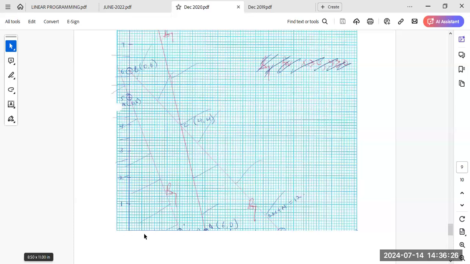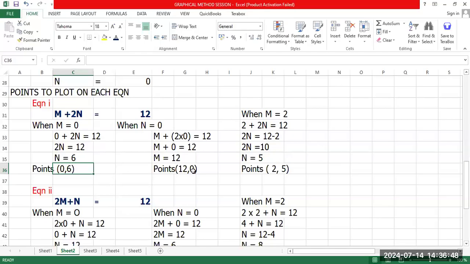So 0 is on the horizontal axis. This is where 0 is. Then look for where 6 is on the vertical axis. 6 is here. You put a plus or a dot. Then go to the next point. The next point is 12 and what? 0.